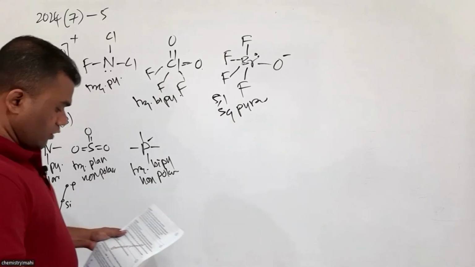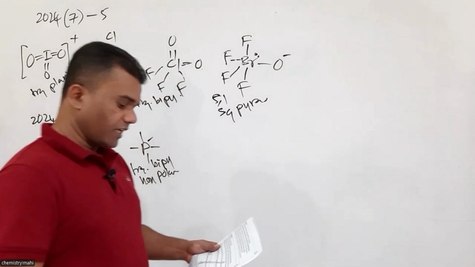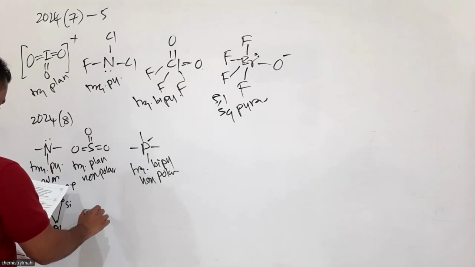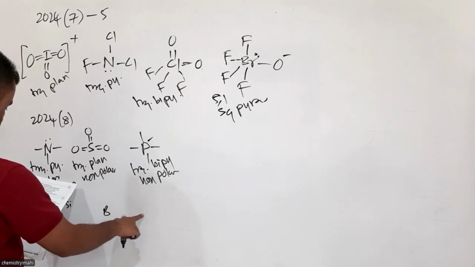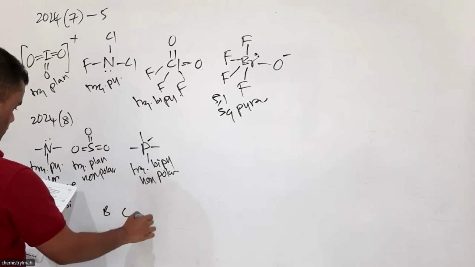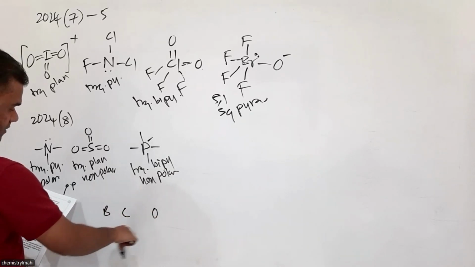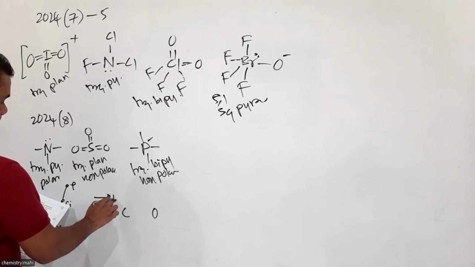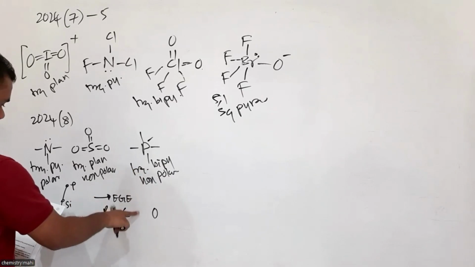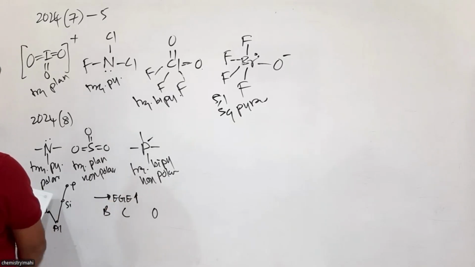Among elements B, C, O, the lowest negative value for electron gain energy is shown by carbon. What are the elements given? Boron, group 13, second period. Carbon, group 14, second period. Oxygen, group 16, second period. All are in the same period. As atomic radius decreases, electron gain energy increases.